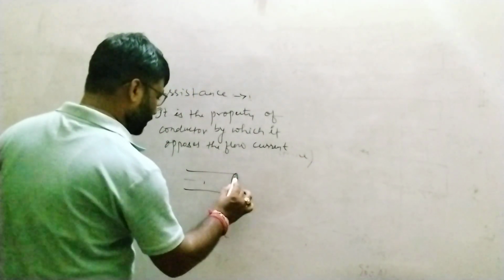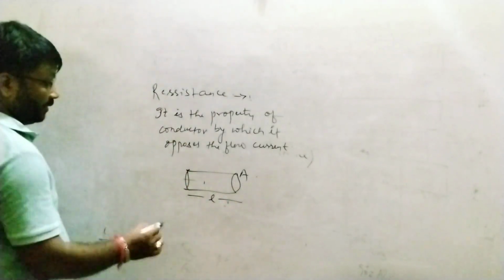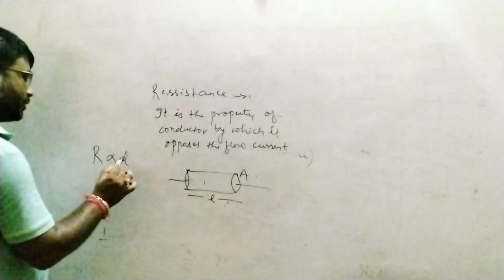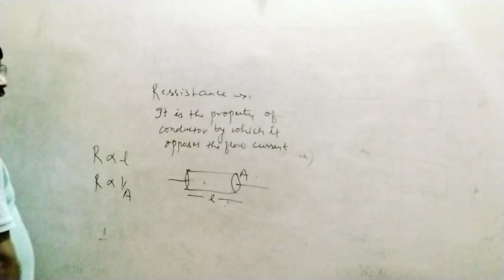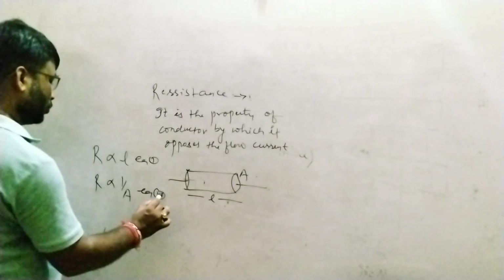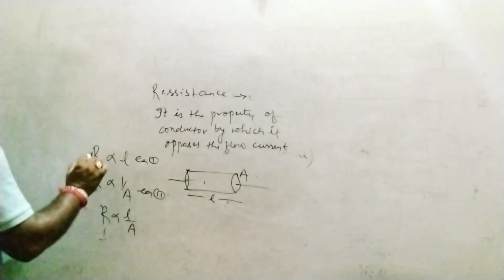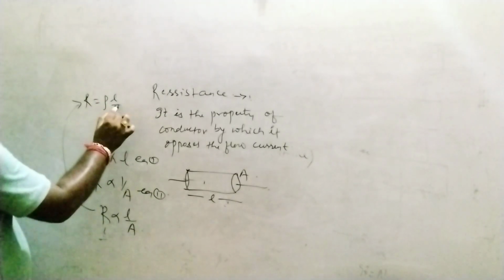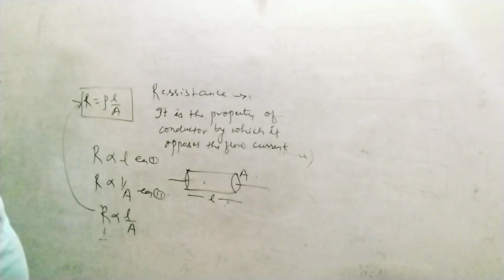So if we assume a conductor having length L and cross sectional area A, then the resistance of that conductor is directly proportional to L, and inversely proportional to area. If we combine both equations 1 and 2, we get R proportional to L by A. If we remove the proportionality, we get R = ρL by A. This is the value of resistance in the case of conductors.